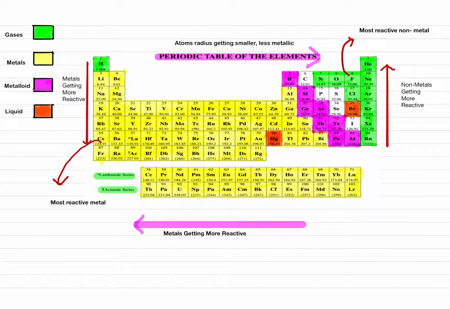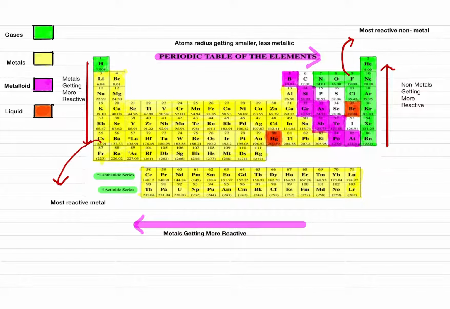Now, this diagram tells you about some basic properties in the periodic table. It also gives you an idea of which elements are gases, which are metals, which are metalloids, which are liquids, and their reactivity. If you look carefully at the periodic table, you'll see the green colored blocks.